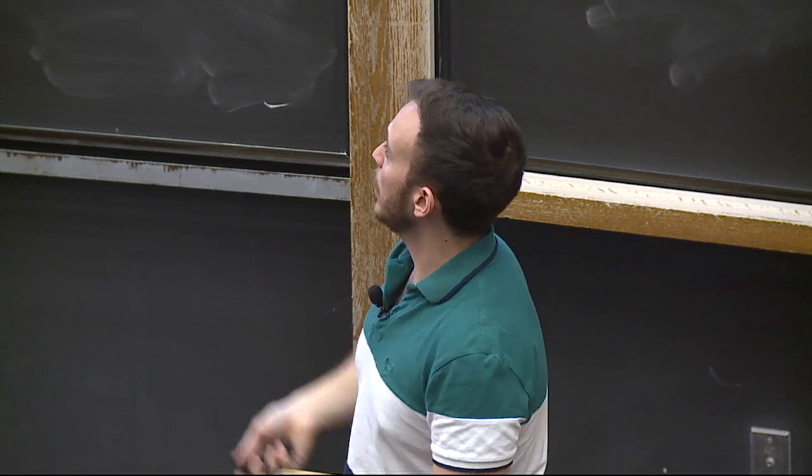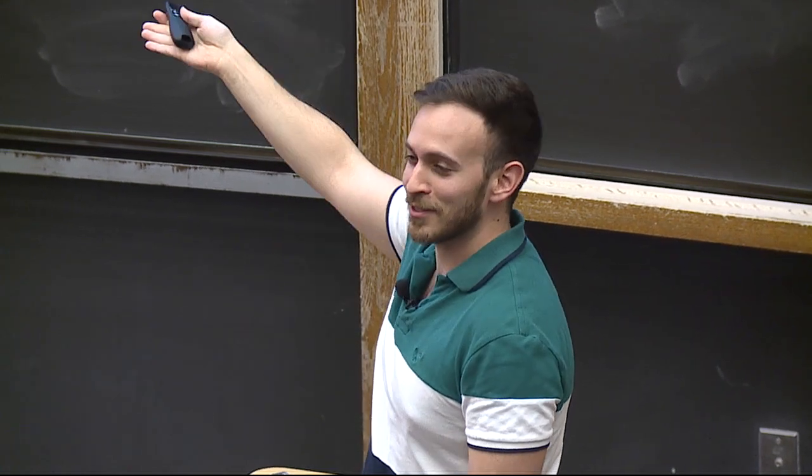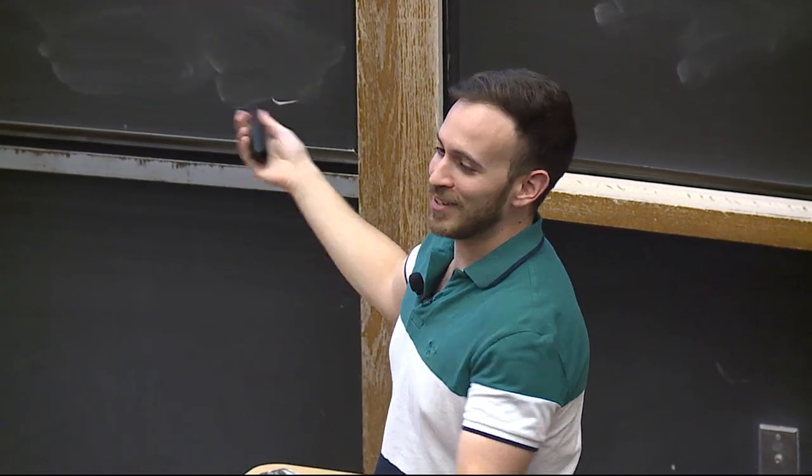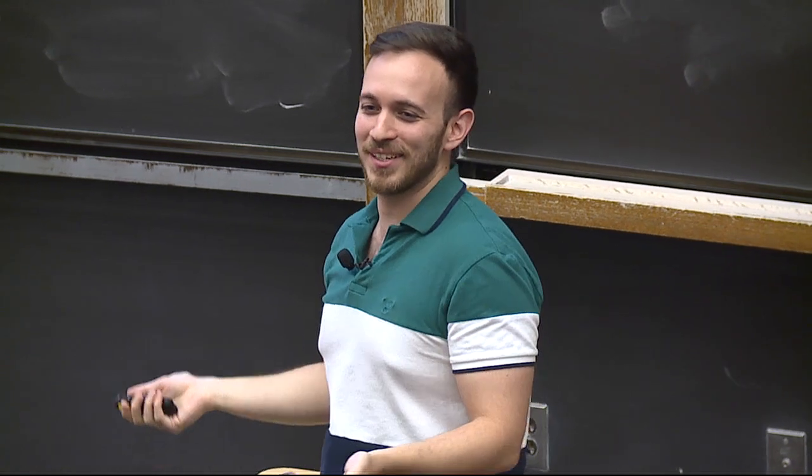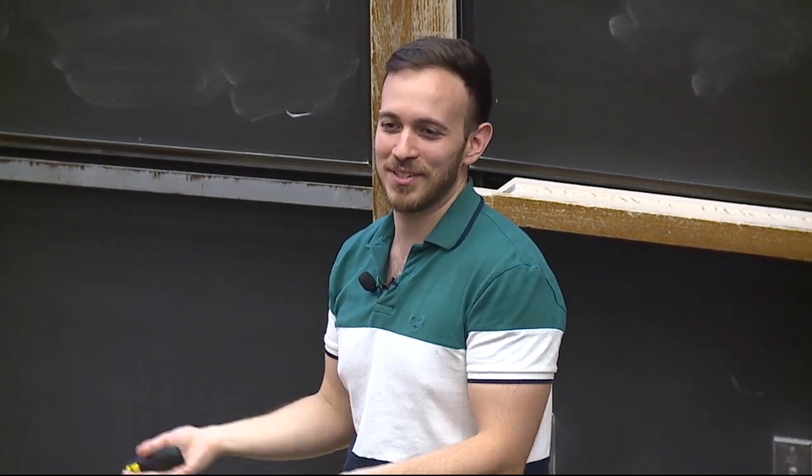Good. So the problem of determining the chromatic number of a graph is NP-complete.